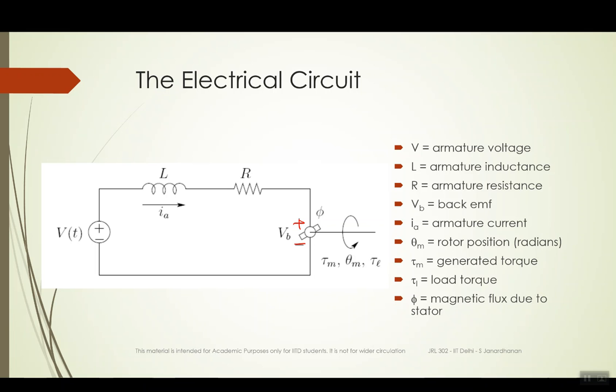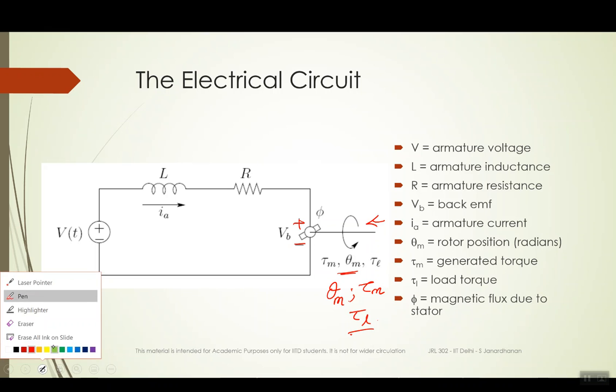Finally there is a motion of the rotor through an angle theta m, and the rotor delivers a torque tau m and can tolerate a load torque tau L coming from the output side. All of them are going to affect the entire system.